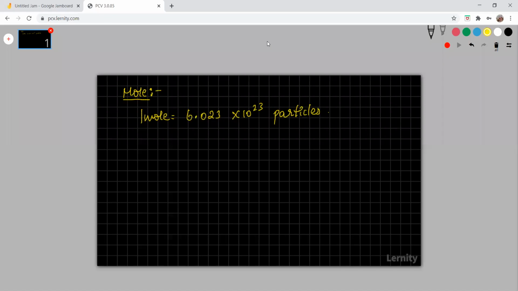Next, what we are going to see. Has ma'am taught you about mole concept? Was any introduction given about mole concept? I'll just unmute anyone so I can get an idea. Okay, Aishwarya, I'm unmuting you. Tell me what has been taught to you so far.